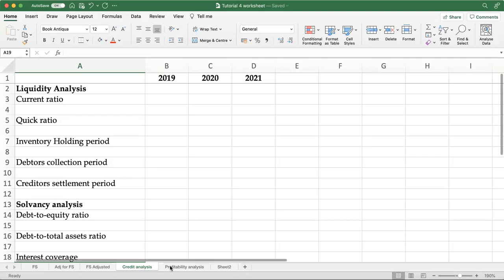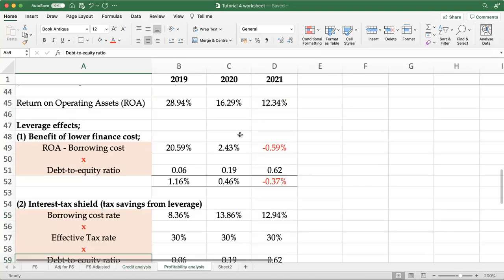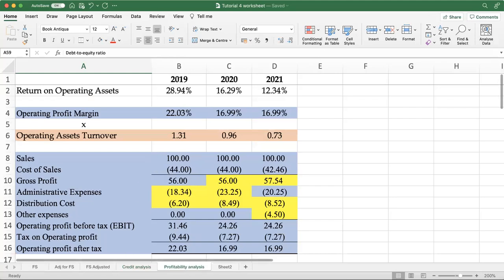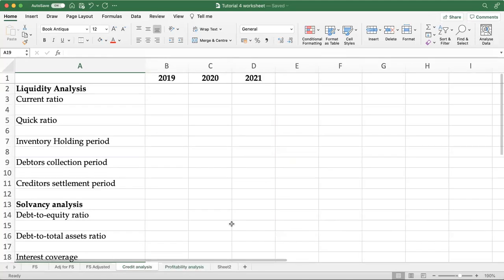Now we have done profitability analysis. So you can do credit analysis. Then you produce a report by incorporating your analysis results. So you prepare a 5-page report to the company's management about the company's profitability and creditworthiness.